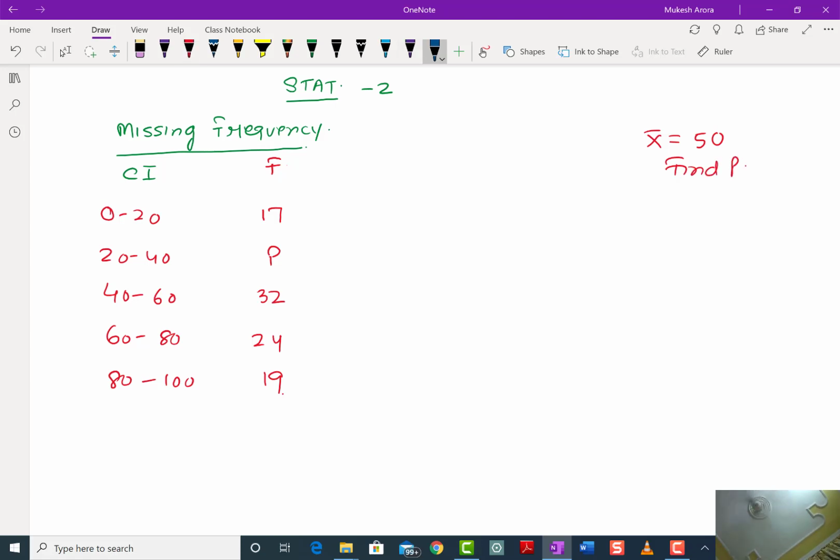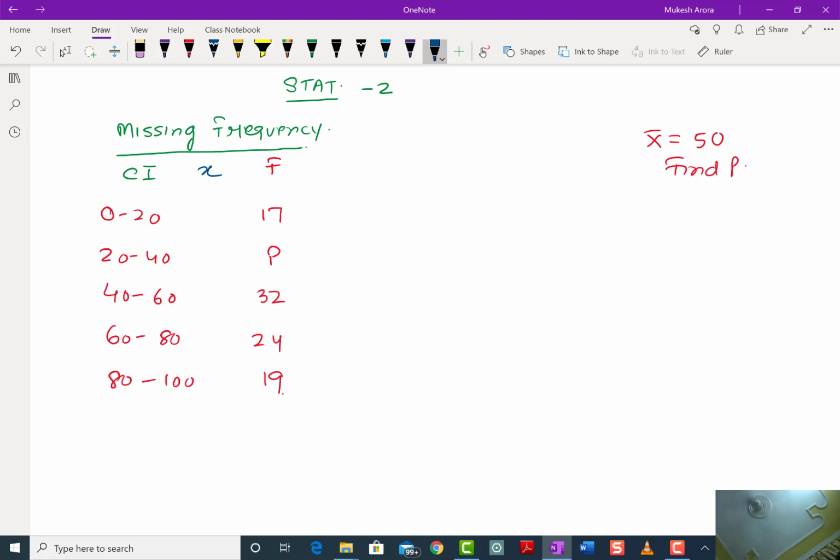So this is a continuous series. When we have a continuous series, it is always recommended that we go with the step deviation formula. For step deviation, we need x. X means mid value. What is mid value?